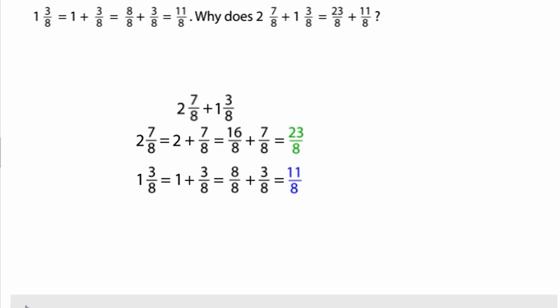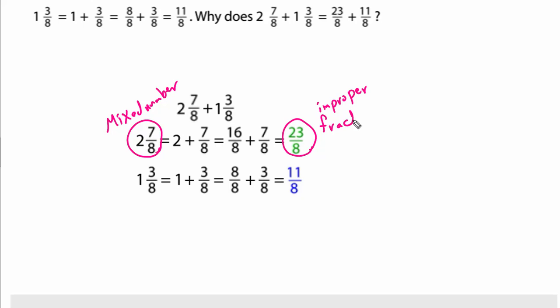Thank you, my hero. Okay, now, my heroes, this is very important. Let's stop here and see what we have. This is a mixed number, and this is a fraction. We call it an improper fraction. So we need to change the mixed number to a fraction. How to do this?